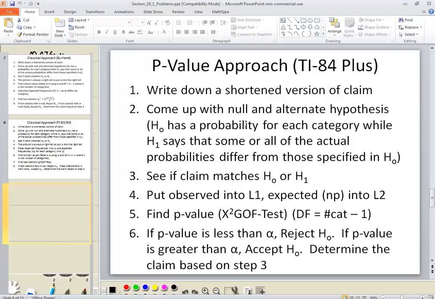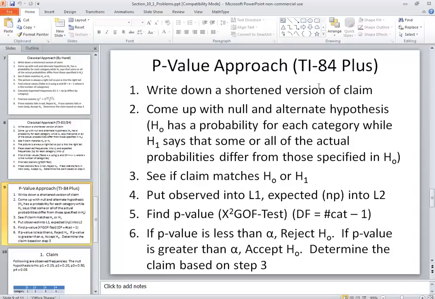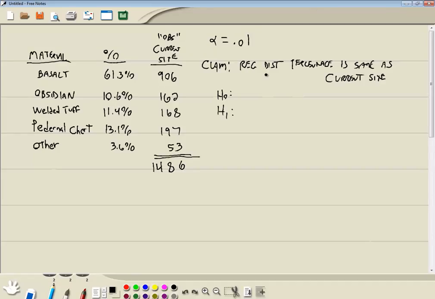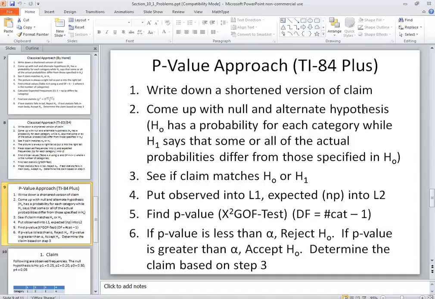Okay, let's look at our steps. Step 1, write down a shortened version of the claim. Well, that's what we just did. Come up with a null and alternate hypothesis.